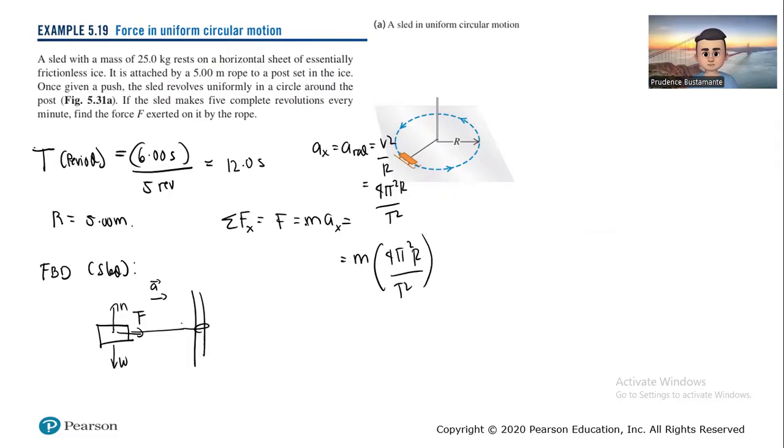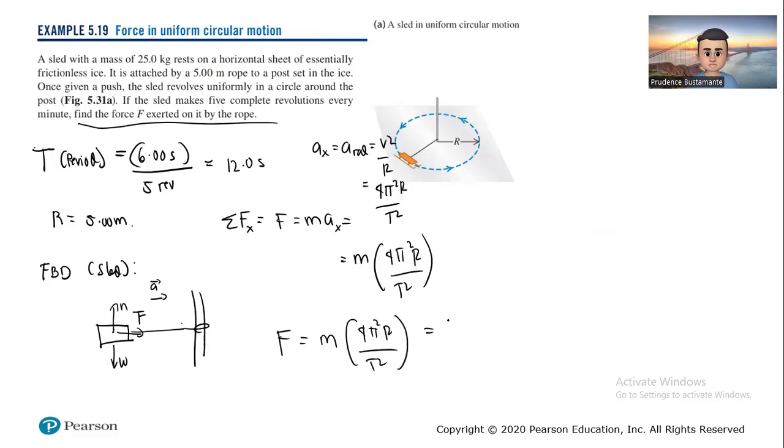From this equation, we can find the force exerted on it by the rope. The force is equal to the mass times 4 times pi squared times r over t squared.